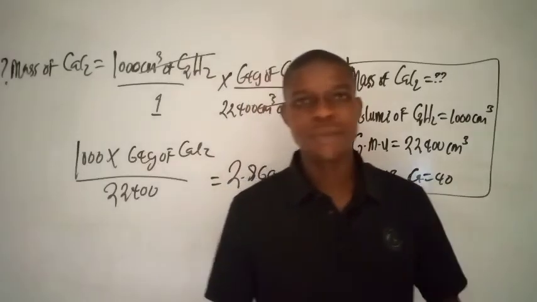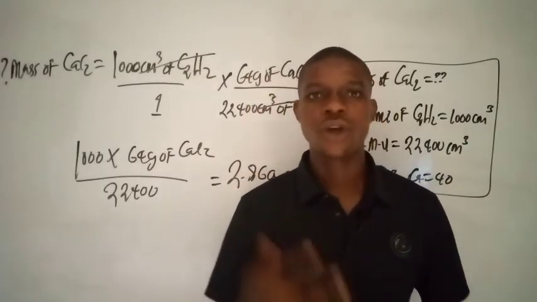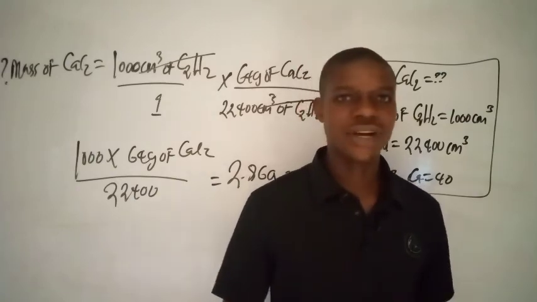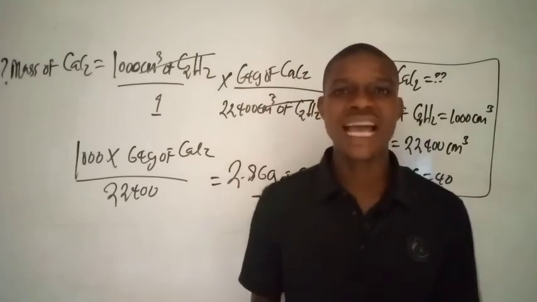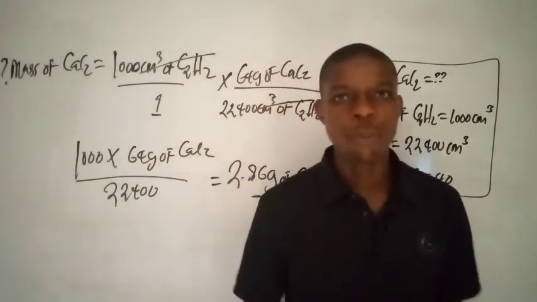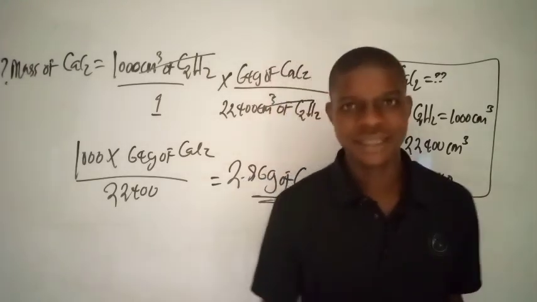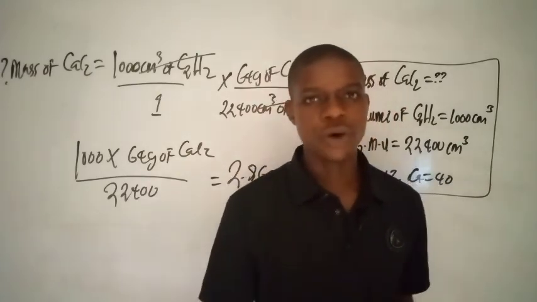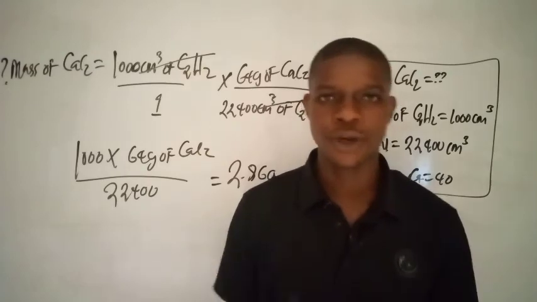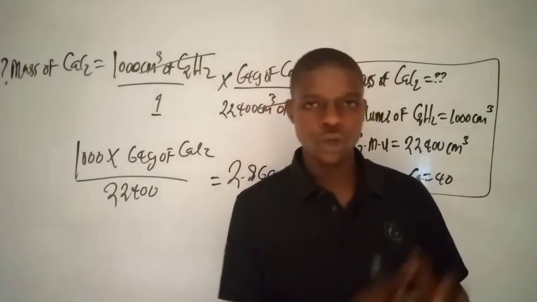So practice is what makes perfect. Go to your past questions and try to solve questions related to what you have done. You still have a lot of videos on more concepts, molar mass, relative masses, and some other topics on JAMB. Go to the description and click on those links to watch those videos.